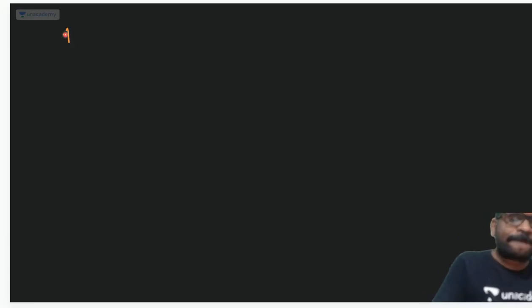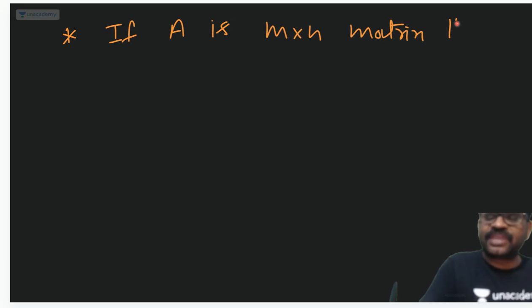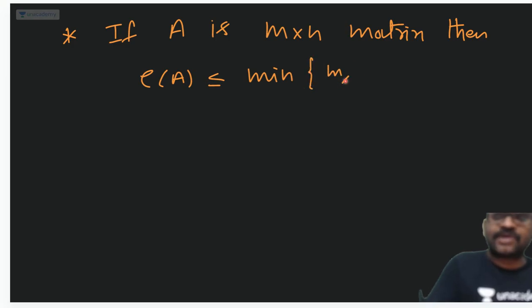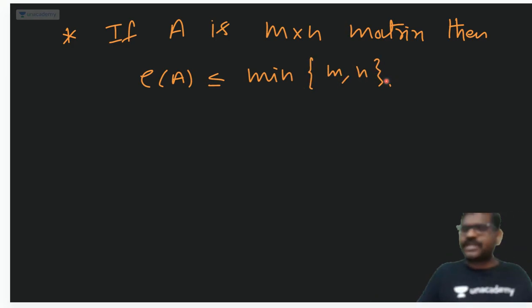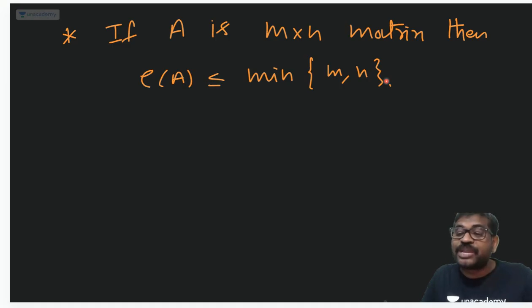Next property. If A is an M cross N matrix, then rank of A is less than or equal to minimum of M comma N. Simple.